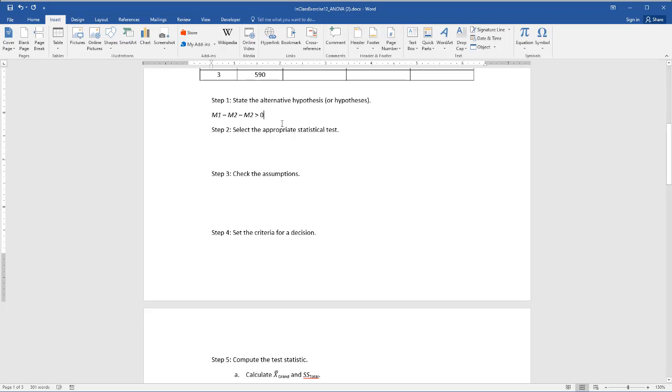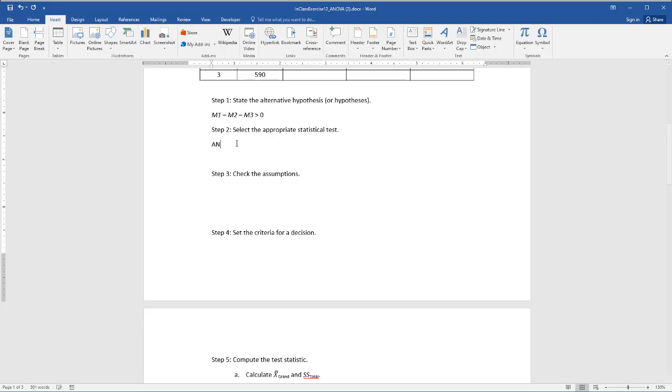And so if there is a difference between these three means, then you could also say that M1 is not equal to M2, or M2 is not equal to M3. Basically, we don't know if M1 is different than M2 specifically, or M2 is different than M3. We know that somewhere between Group 1, Group 2, and Group 3 there is a difference if the test is significant.